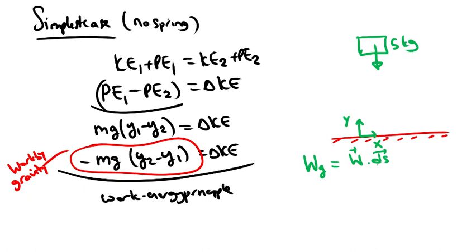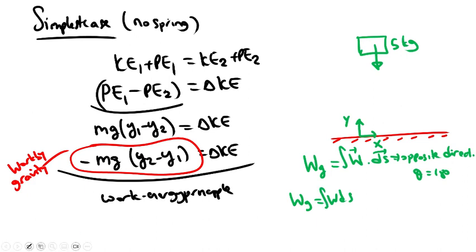Weight is this way, ds is that way, so they are in opposite directions and theta is 180. Actually, this is small work, so we integrate from 1 to 2. Sorry, there will be a negative sign here.